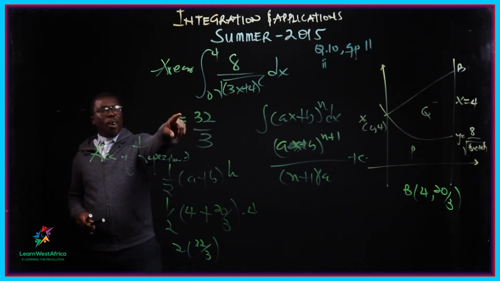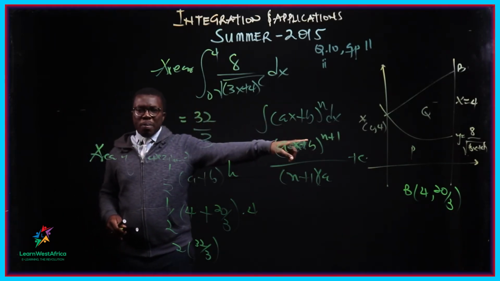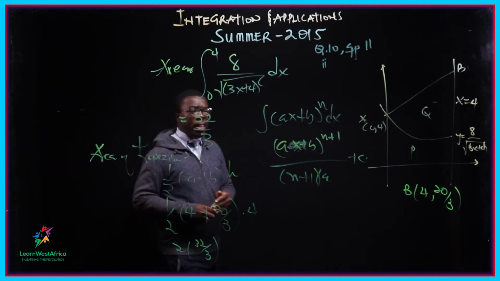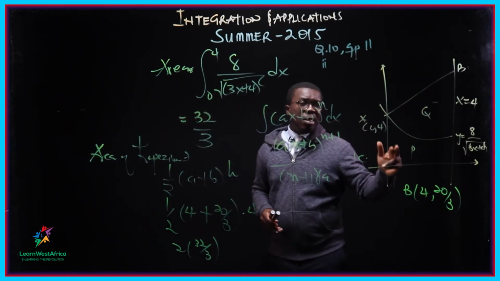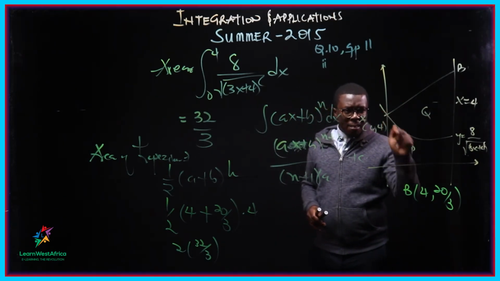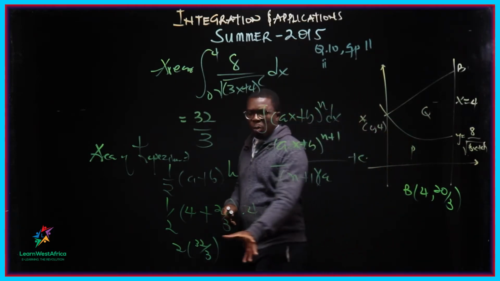So if you look at it carefully, the area of the trapezium is 2 times 32 over 3. Now look at the area of the curve that is bounded by the x-axis. We also have 32 over 3. So as we said from the very beginning, if we want to show that this is the same as this, then 2 times p should give us what we get for the trapezium.